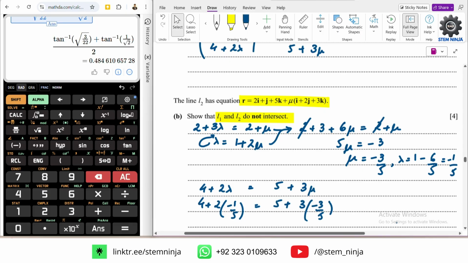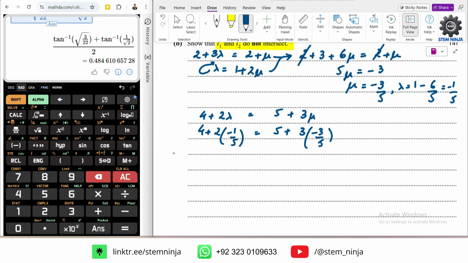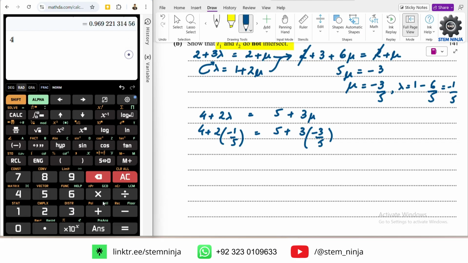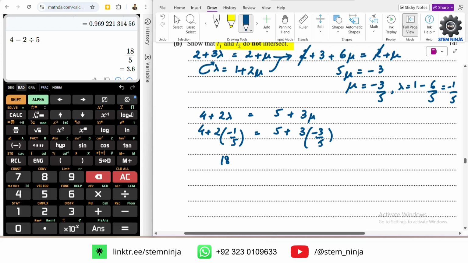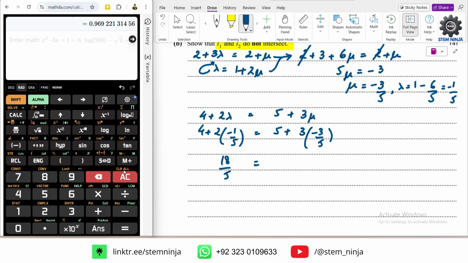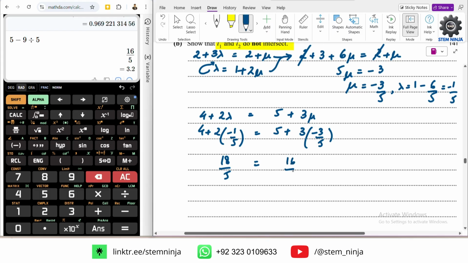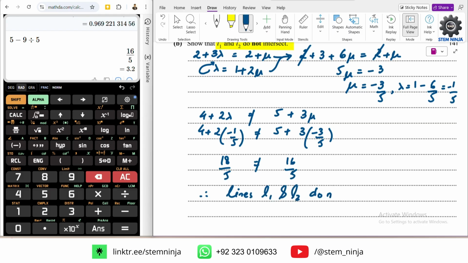So we just want to check whether both sides are equal or not. So 4 minus 2 over 5, this is 18 over 5. And this is 5 minus 9 divided by 5. This is 16 over 5. So obviously not equal. So therefore lines L1 and L2 do not intersect.